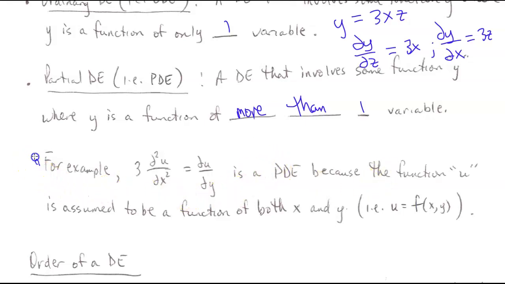Coming back here, if we had this particular equation, since we have a partial derivative of some function u that we don't know about, we're going to call this a partial differential equation, where we understand that u is defined as a function of both x and y.